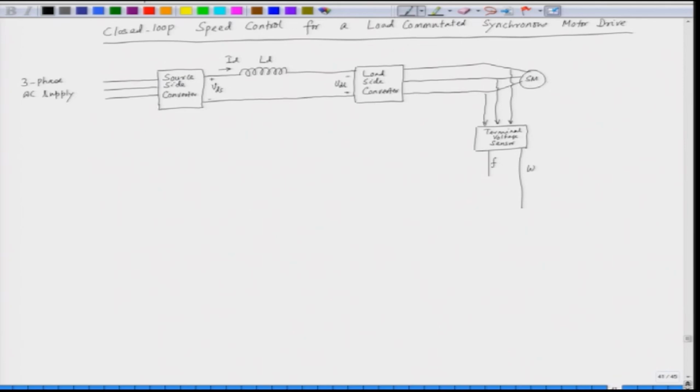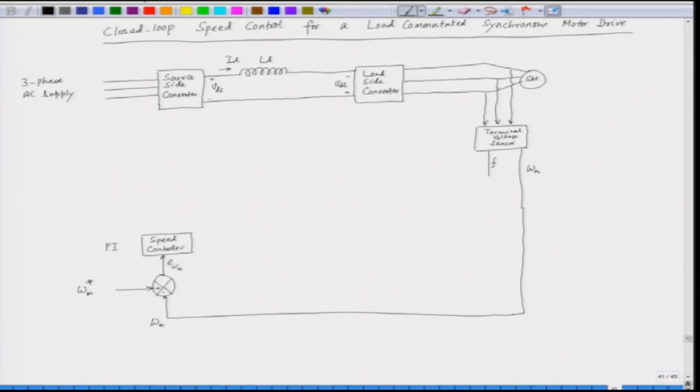From this, what we do here is give a reference speed, in this case omega, and we compare the reference speed with the actual speed which we obtain from the terminal voltage sensor. We have a speed error, then we have a speed controller, which is a PI.